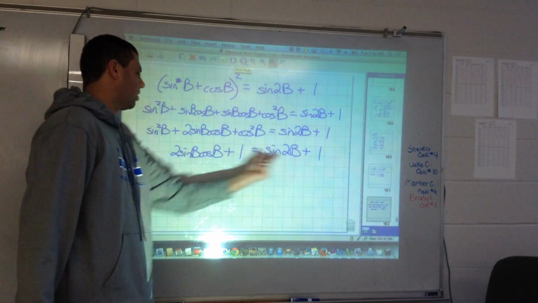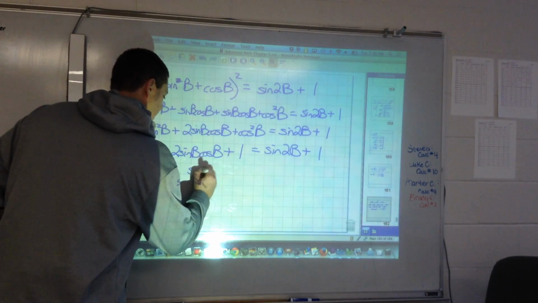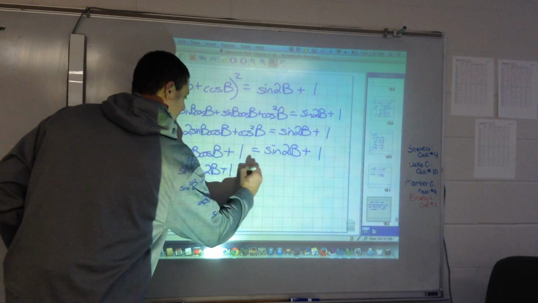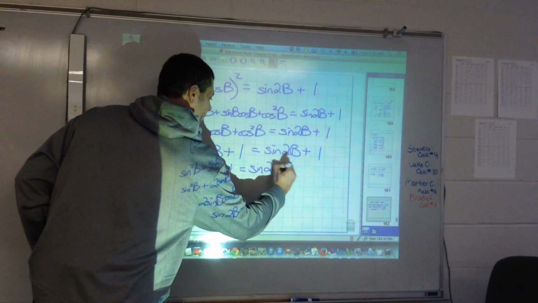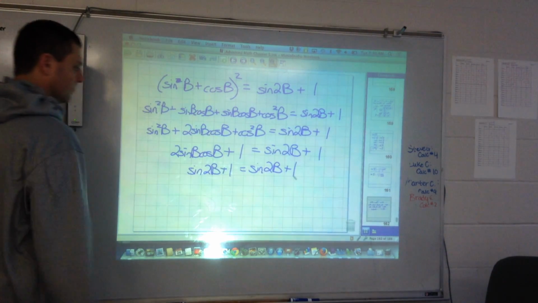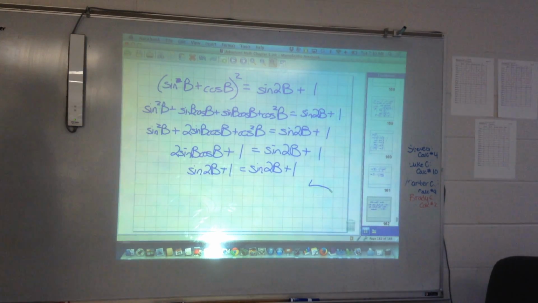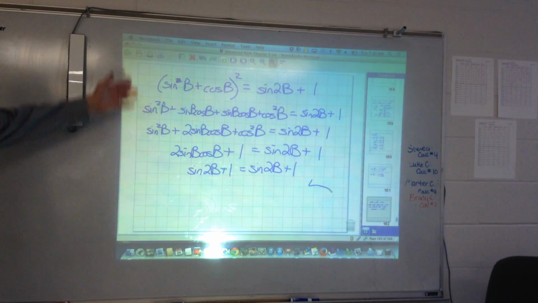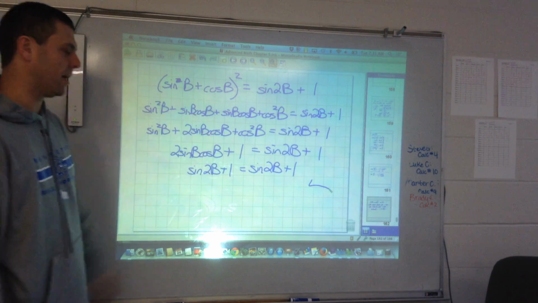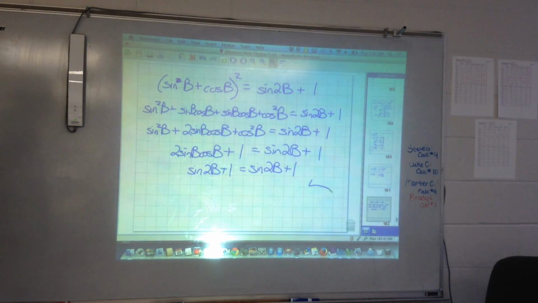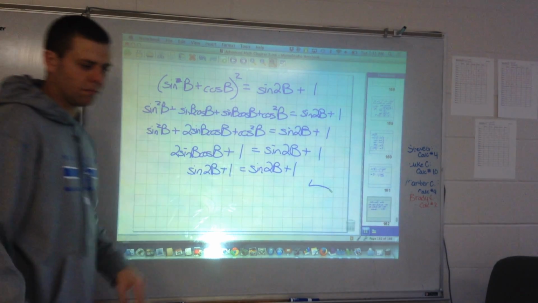These two things are equivalent, so I can say the sine of 2b plus 1 equals the sine of 2b plus 1. And done. Okay? There's a proof, there's a verification. That'd be something from Learning Target 7.1 that might show up on a test. So again, using the identities in different ways, just getting to know the identities is the important thing. The more you practice with them, the better you get.